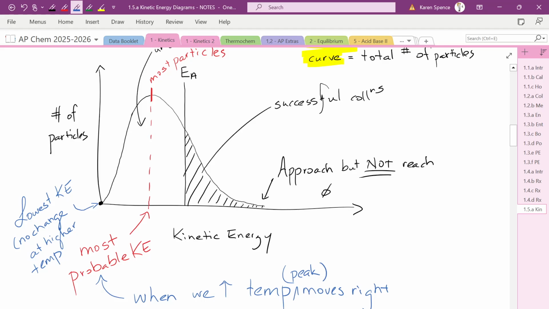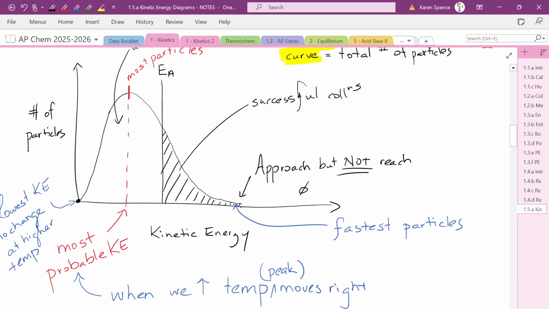Up in this area, we have our fastest particles. What's going to happen to the kinetic energy of the fastest particles?